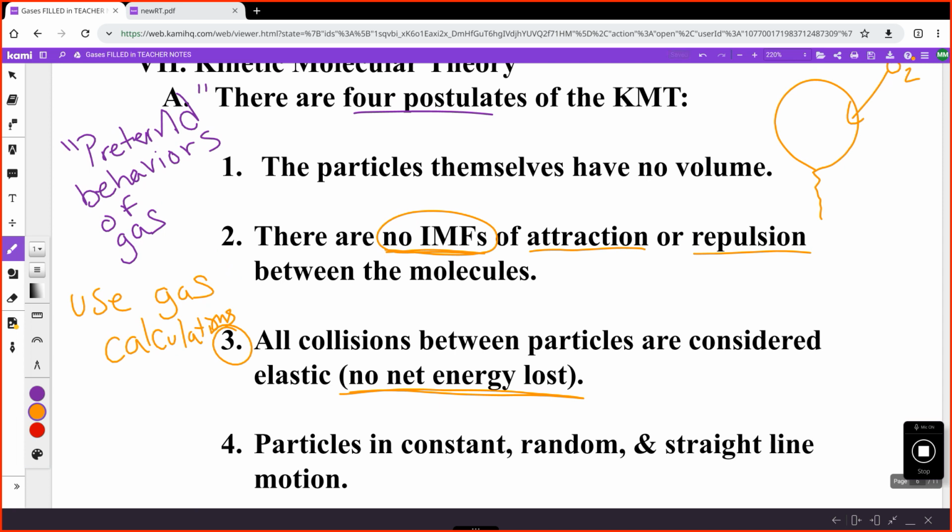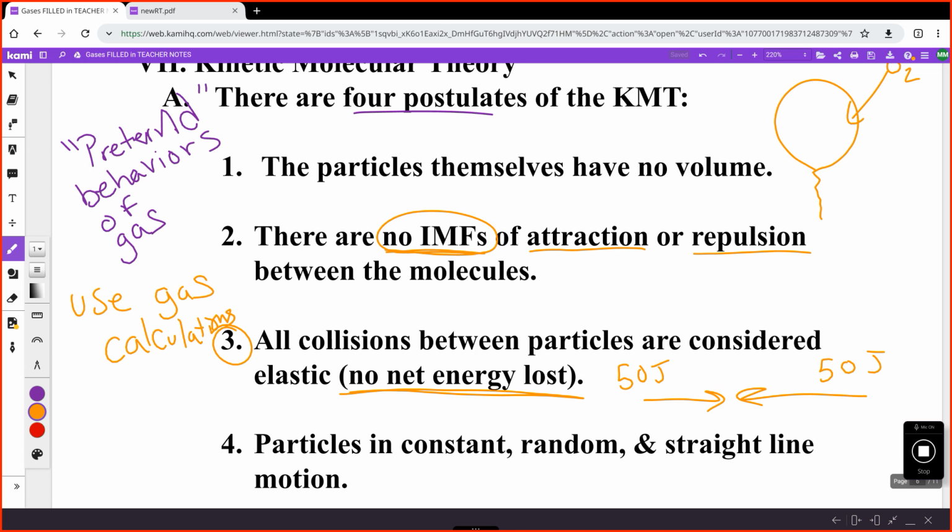So they can lose energy. Let's say, I'll just throw some easy numbers out here, 50 joules of energy moving through this particle. That's a lot, I understand that. And then you have another 50 joules of energy moving through this particle.